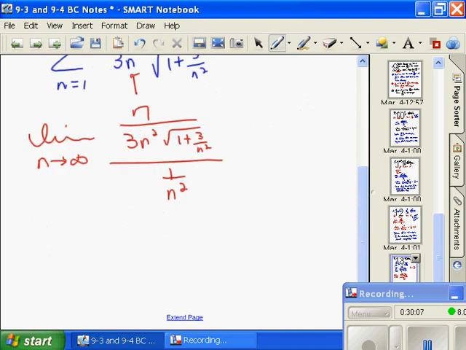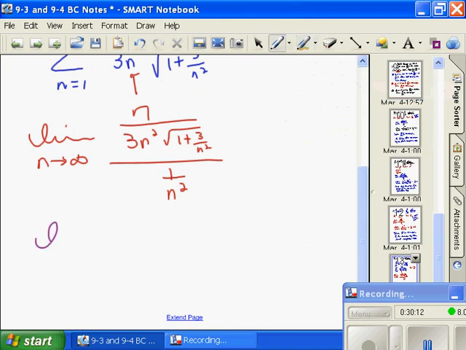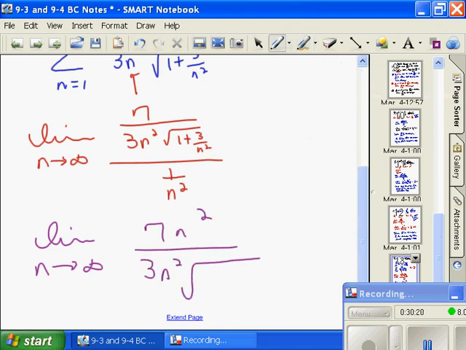That would change into 7n squared all over 3n squared times the square root of 1 plus 3 over n squared.